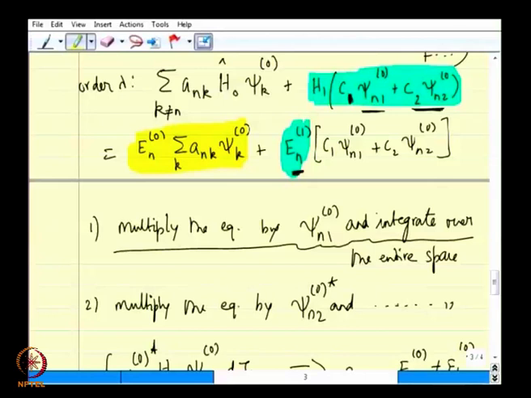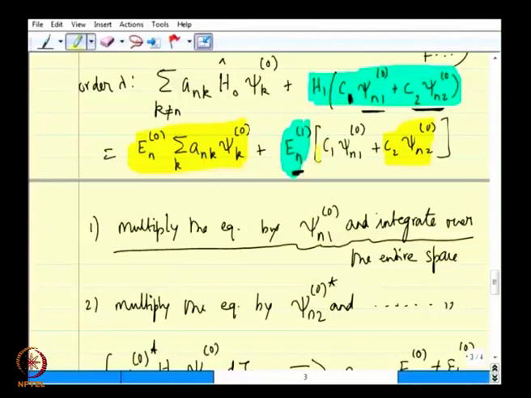The second, if you look at this term, we have already said that psi n1 and psi n2 are orthogonal to each other, and therefore this will also go away when you multiply and integrate.